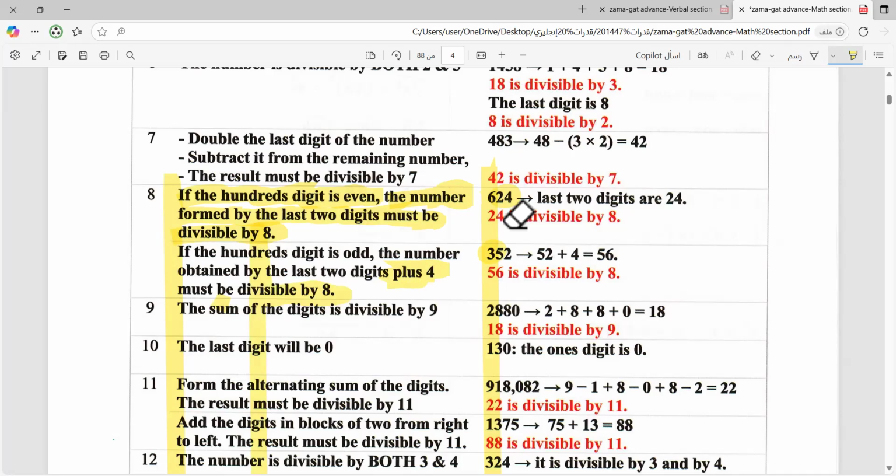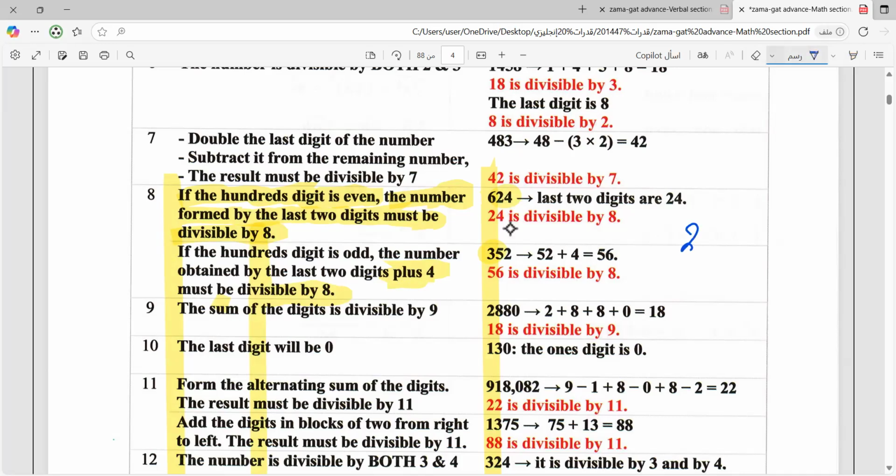Is there another way to find if it's divisible without doing all this? Yes, you can divide by 2, then by 2, then by 2, 3 steps. Or divide by 2 first, then check whether the result is divisible by 4.